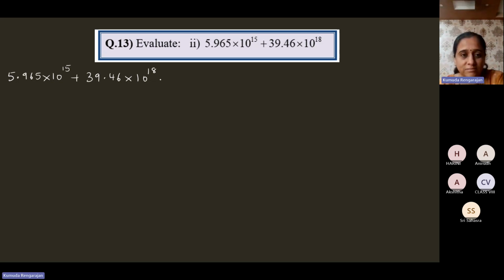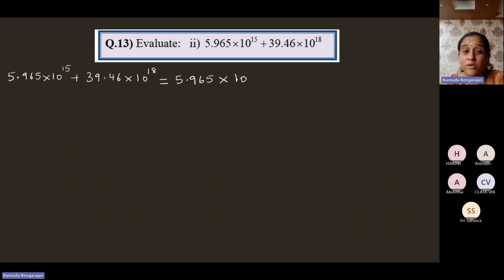Okay, now start. See here, please watch your screen. If you're writing as I'm talking and explaining, there's no point. Please just be glued to your screen. I'm writing the first number as it is, 5.965 as it is, into 10.